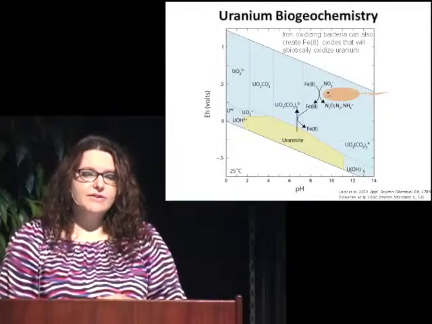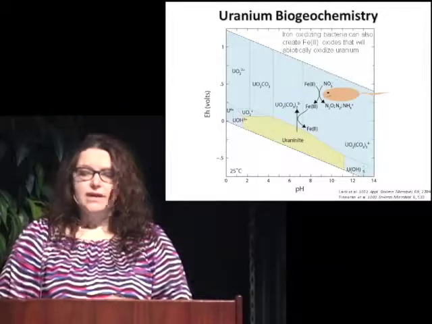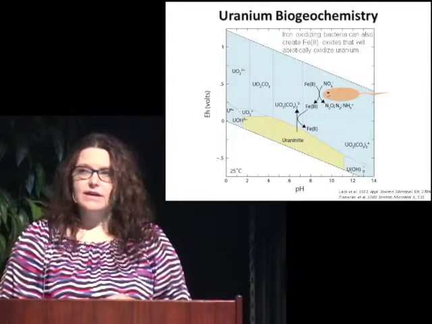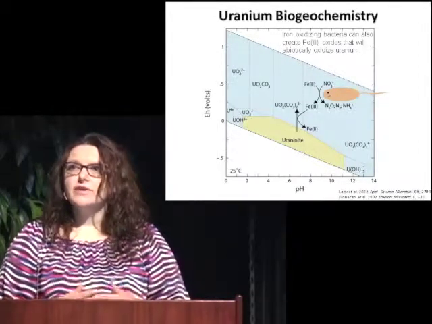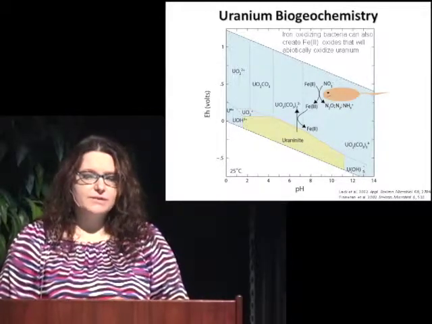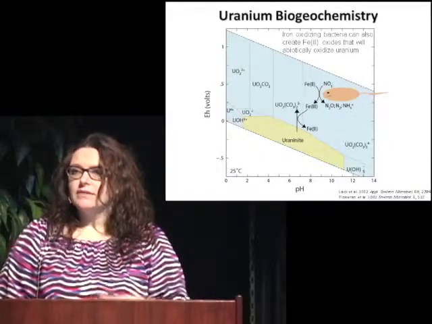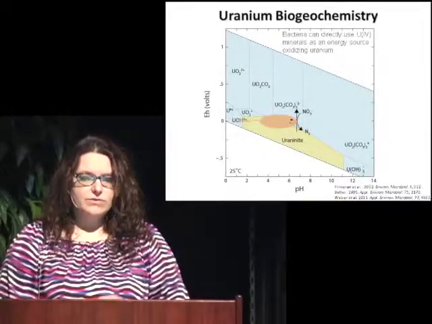Similarly, you could have intermediates of iron oxides that are generated by bacteria that can utilize reduced iron as the energy source and nitrate as the electron acceptor, and they precipitate out iron oxides, and that iron oxide would then reoxidize that reduced uranium.